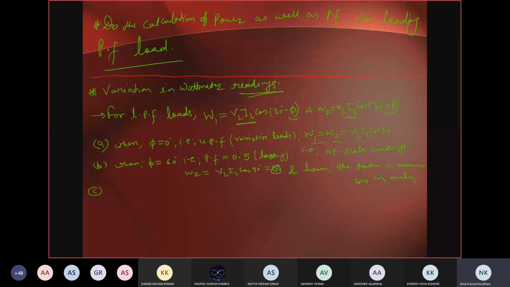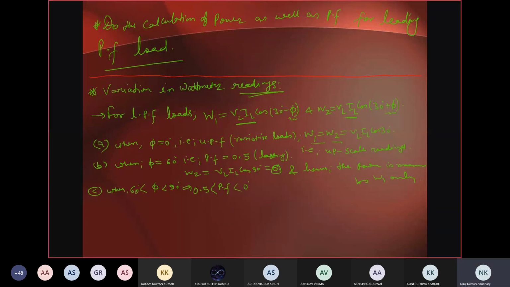So in this way, you can see the variation of the power measured with respect to the power factor angle. Now let us consider when phi is greater than 60 degree and less than 90 degree. It means that your power factor will be less than 0.5 and greater than 0.